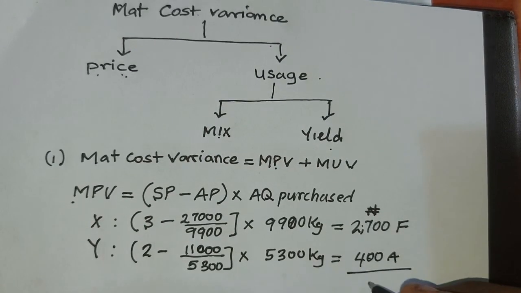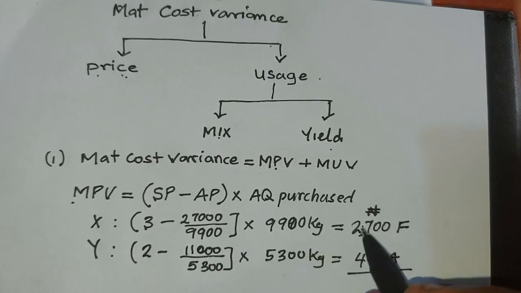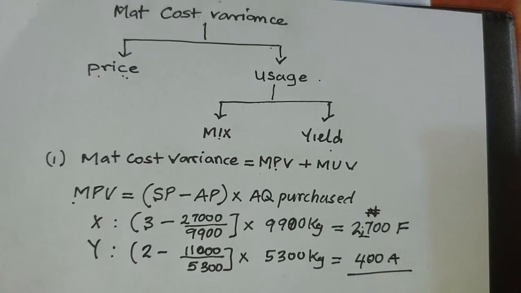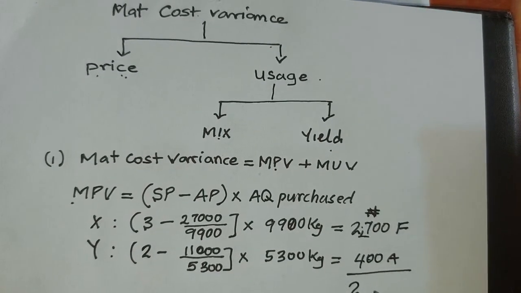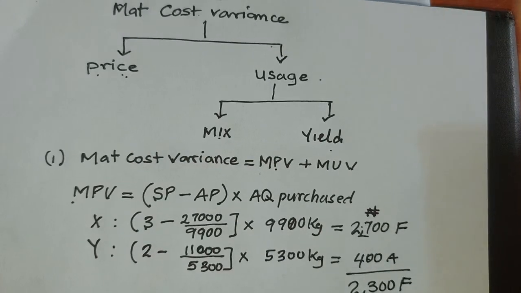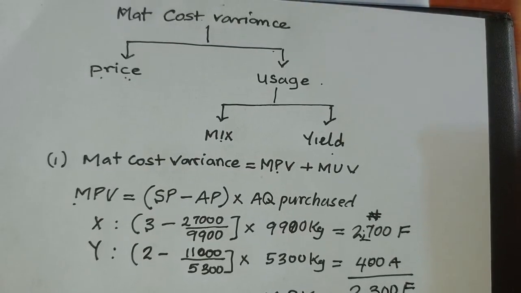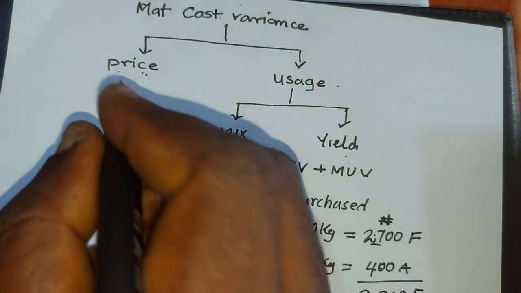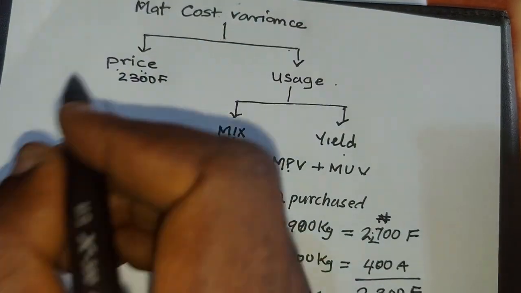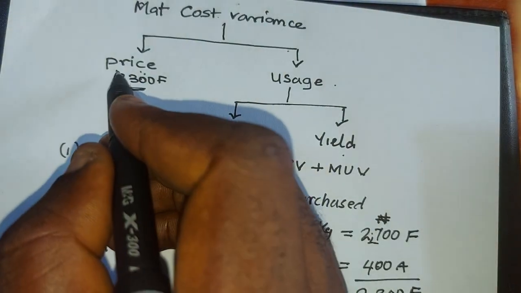Then we can now add these two: plus 2,700 minus 400, and that will give you 2,300 naira favorable. So this is the material price variance.